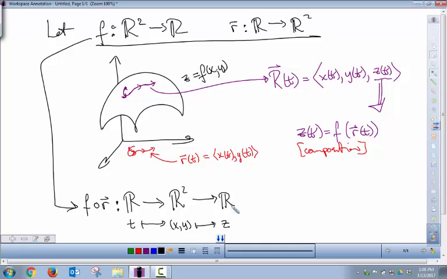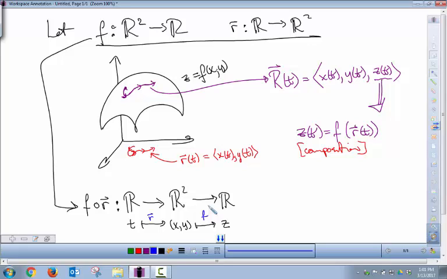So we're taking a t, and when we plug it in, we get an x, y out, and then plugging those x, y's into the f function, we get a z. And then you get a z out, yes. So your r of t is the innermost function, and then your outer function is your f function.